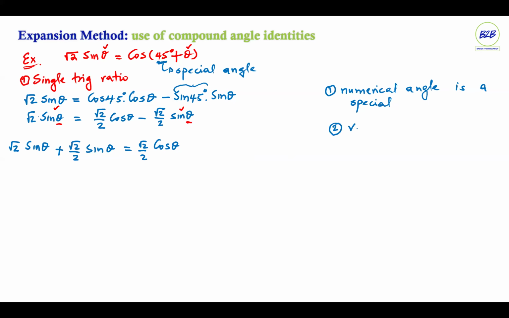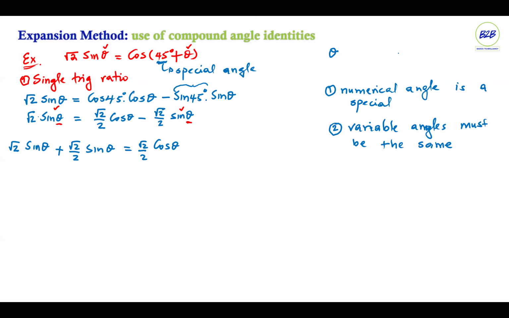So this then leads us to the second important thing within this method. The variable angles must be the same. So what do I mean? At the beginning of this problem, on the left-hand side, the angle was theta.